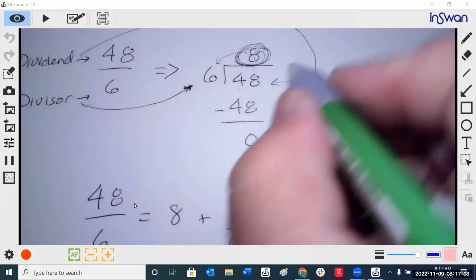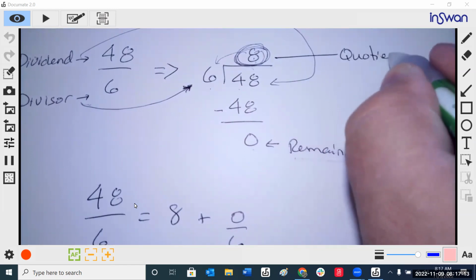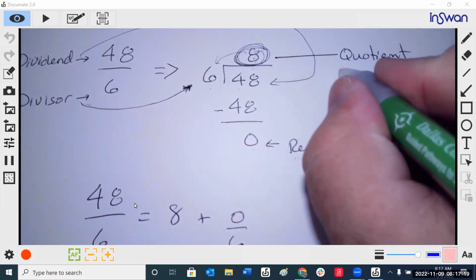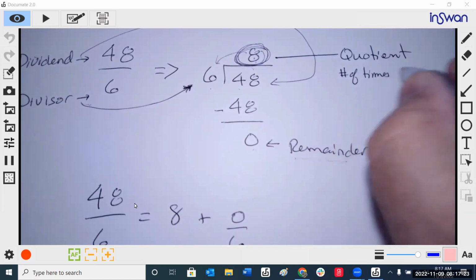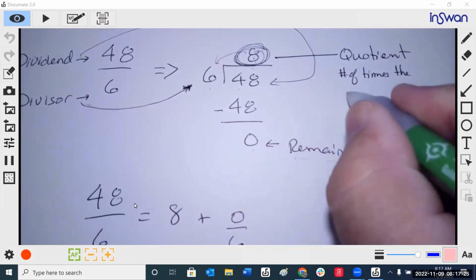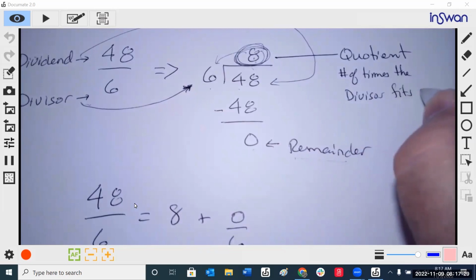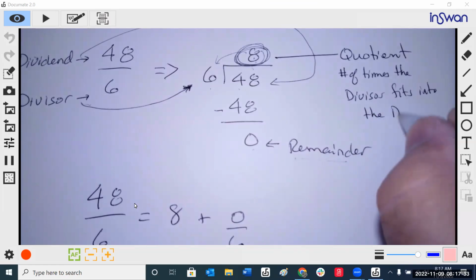This number on top is called the quotient. The quotient is the number of times the divisor fits into the dividend.